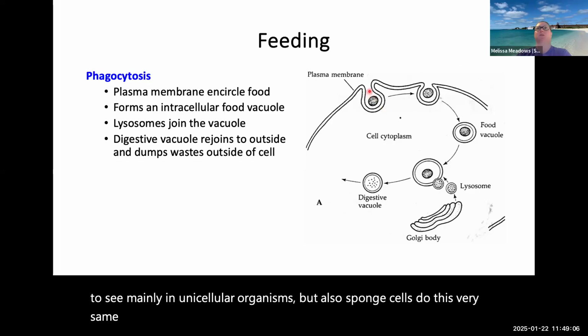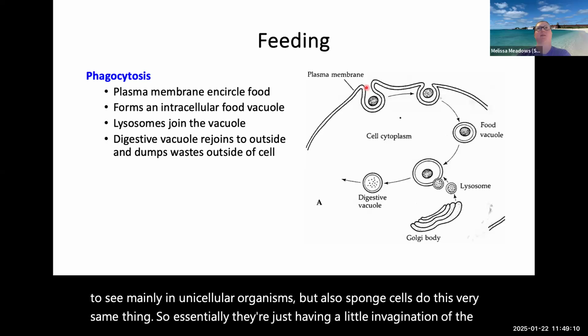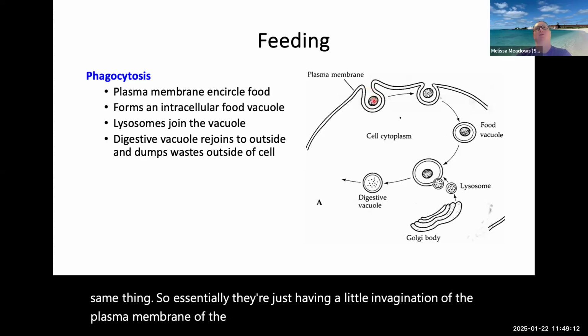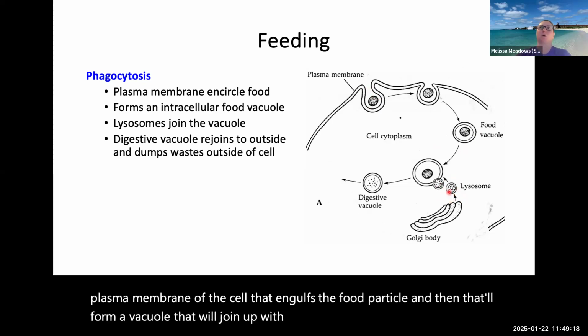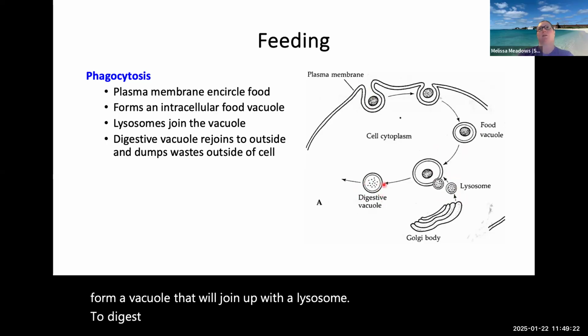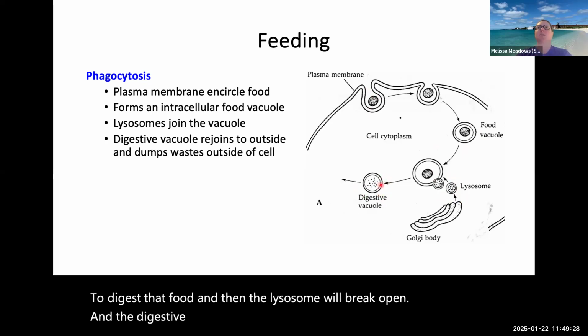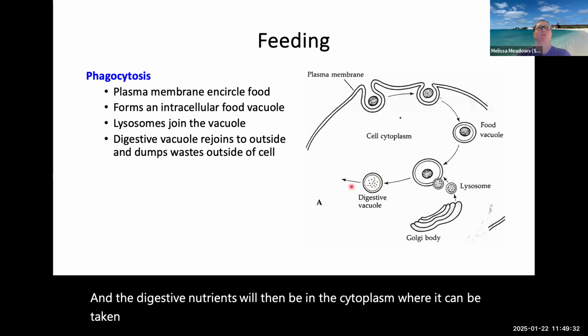An invagination of the plasma membrane engulfs the food particle and forms a vacuole that joins up with a lysosome to digest the food. The lysosome then breaks open and the digested nutrients are in the cytoplasm, where they can be taken up by different cellular components.